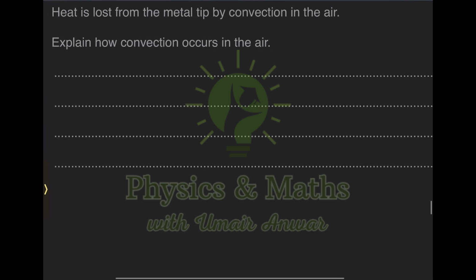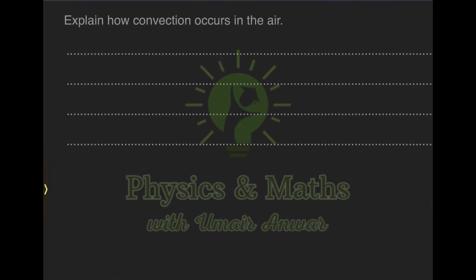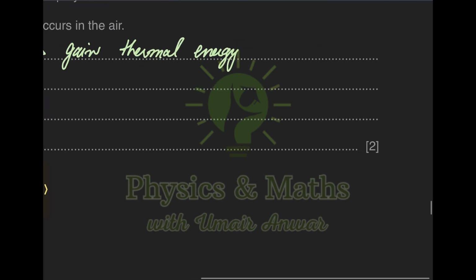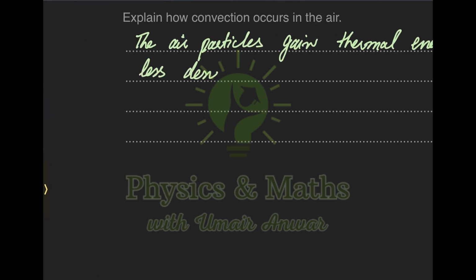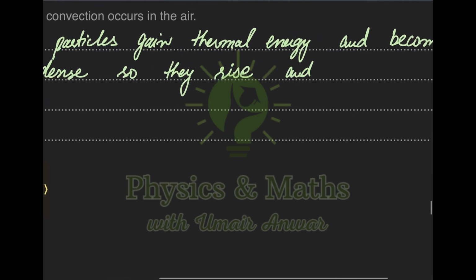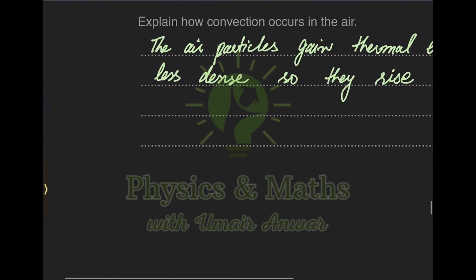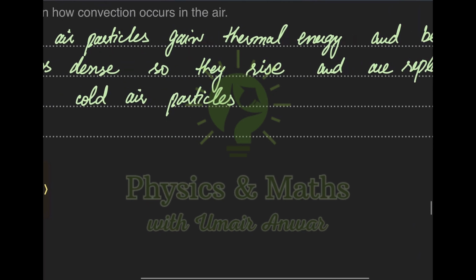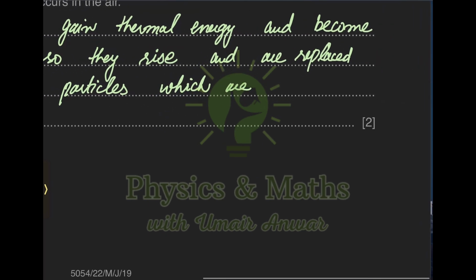So I'm writing, it is a 2-mark answer. The first point I'm writing is the air particles gain thermal energy and become less dense, so they rise and are replaced by cold air particles which are more dense.